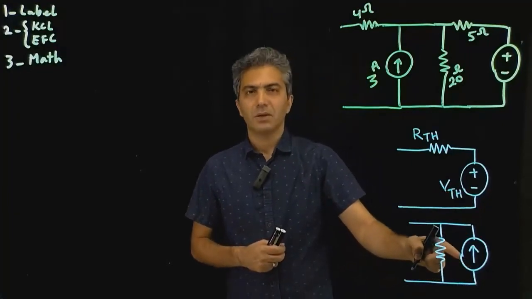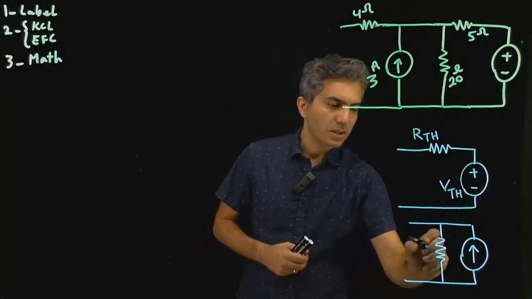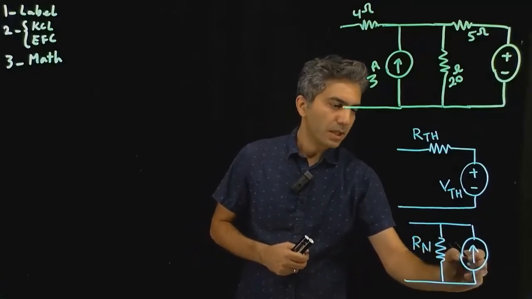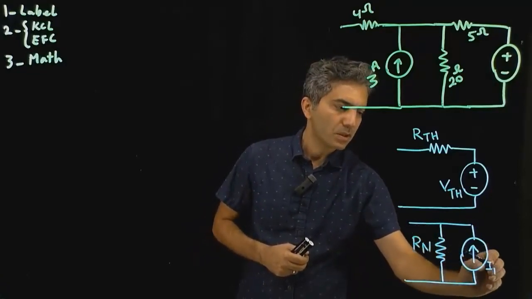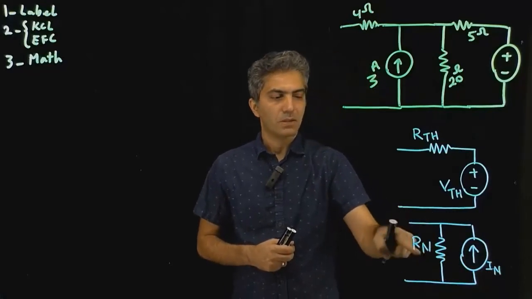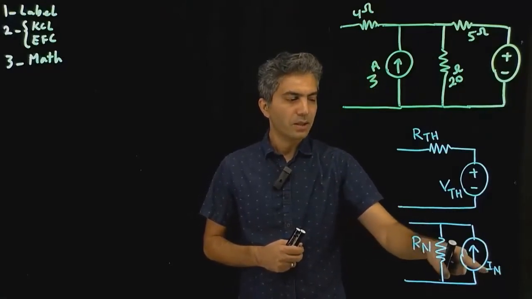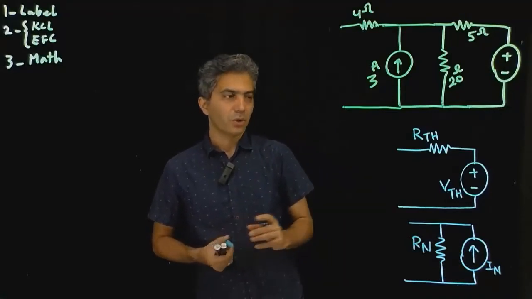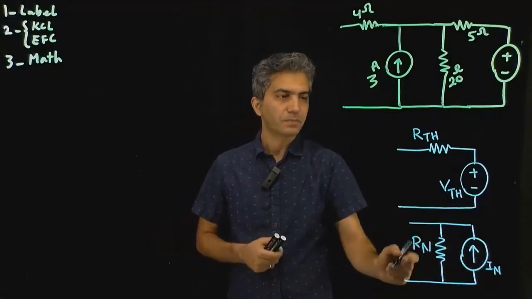And if you end up using the current source, this model is called a Norton model, and then the resistance is called R Norton, and the value of the current source is called the current Norton, or I Norton.